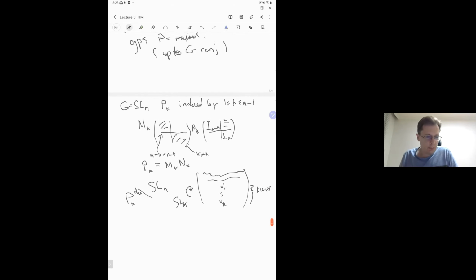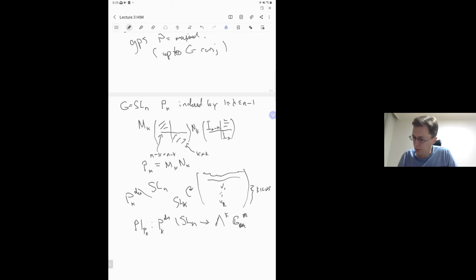And then this Plücker embedding that I mentioned earlier is the natural thing. So I have P_k derived mod SL_n mapping into wedge^k of C^n.